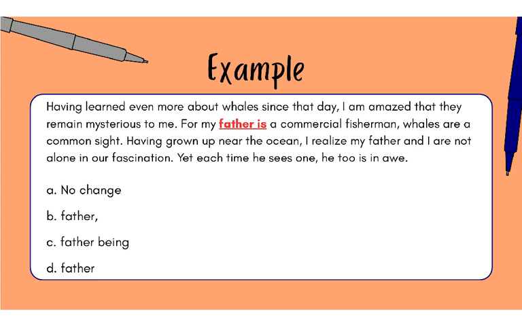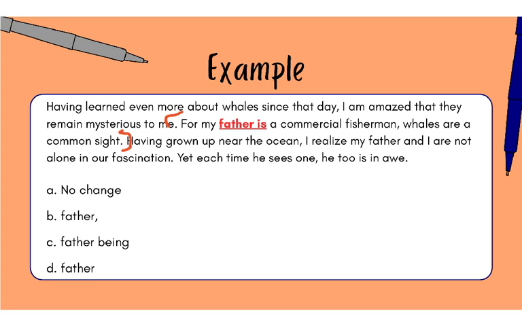Okay, so let's figure this one out. Having learned even more about whales since that day, I am amazed that they remain mysterious to me. For my father is a commercial fisherman. Whales are a common sight. Having grown up near the ocean, I realize my father and I are not alone in our fascination, yet each time he sees one, he too is in awe. So the underlying information we're looking at is just this sentence here.